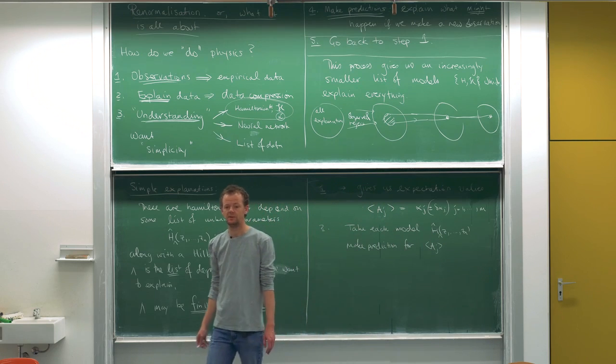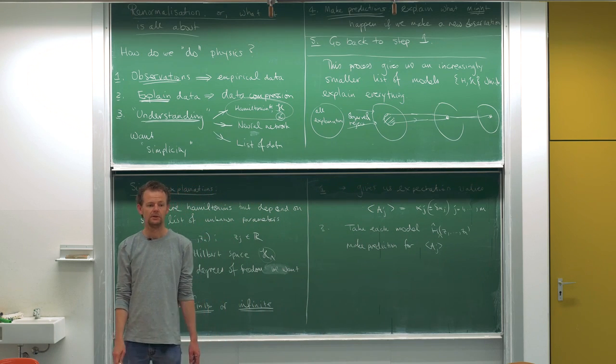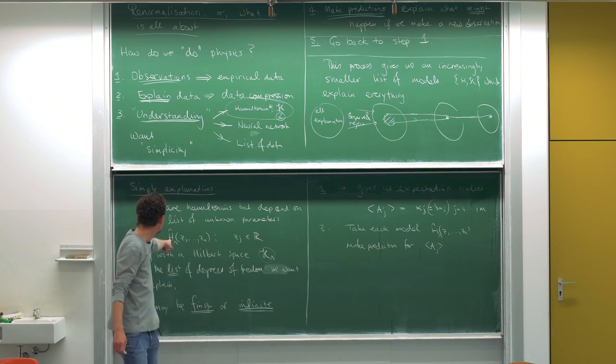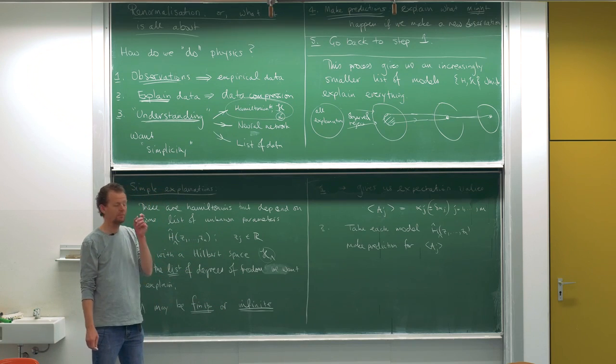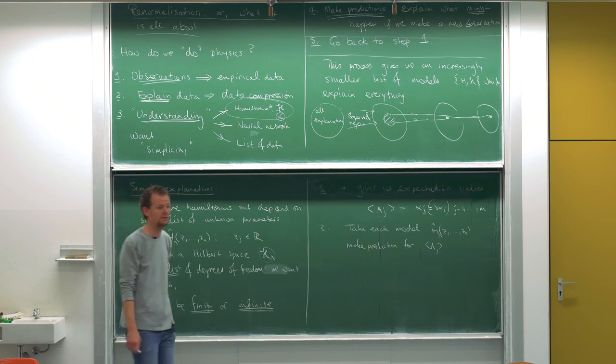So you take these observations, then you solve each model, and then you make a prediction for these things here.